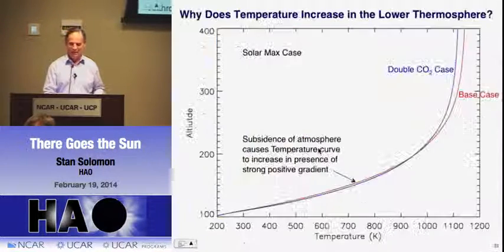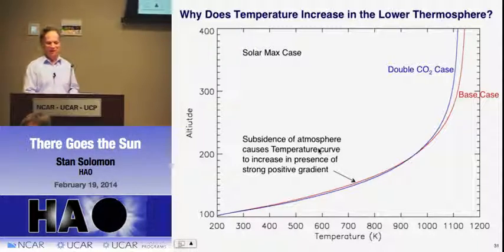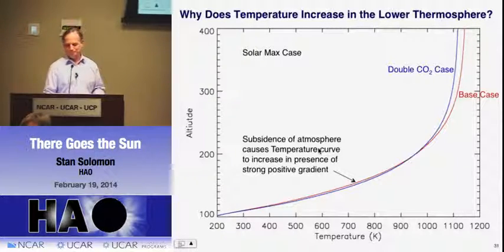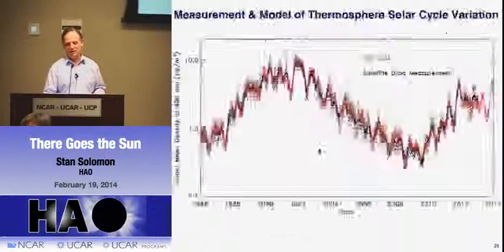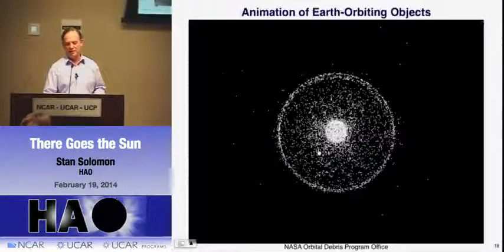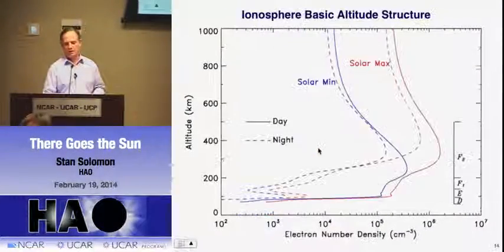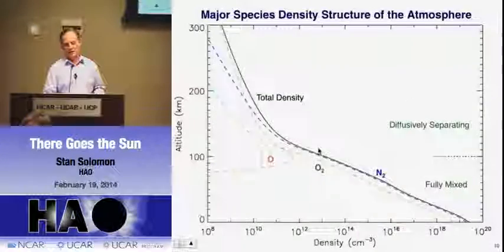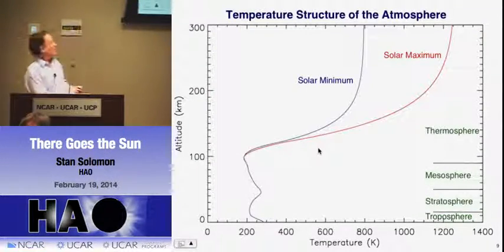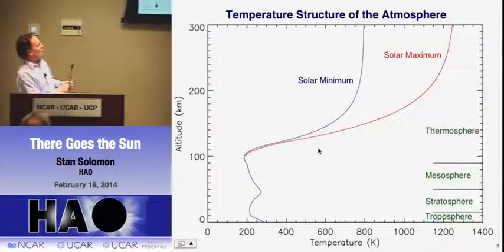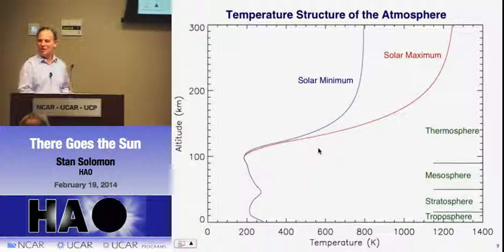Yeah, you see this at solar maximum, you've got a really steep temperature gradient here. So when the atmosphere settles, subsides, decreases in altitude a little, it doesn't make sense. How can the atmosphere decrease in altitude?